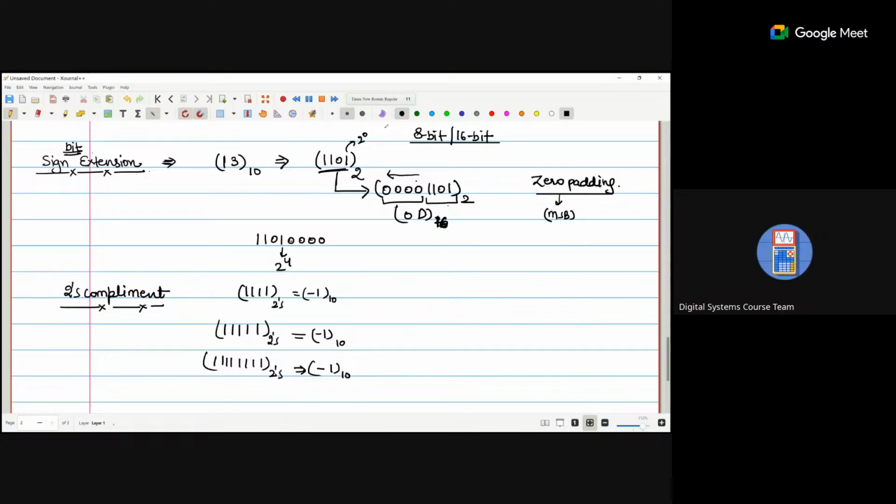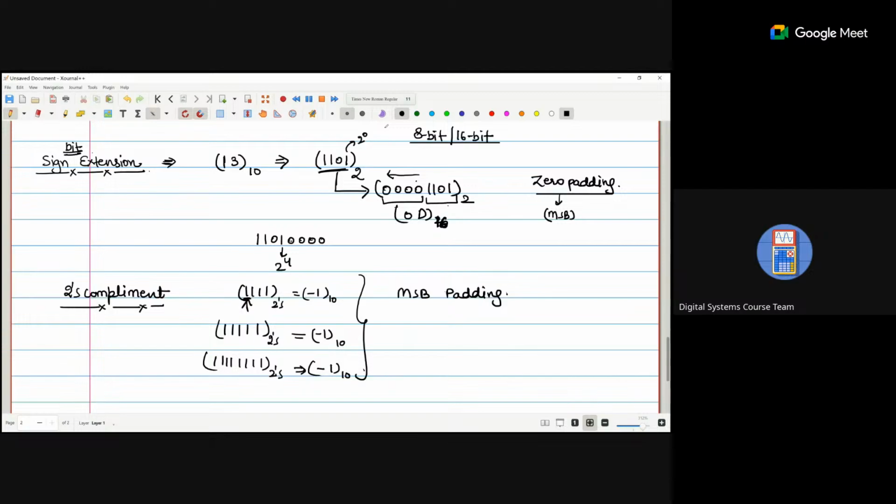So in 2's complement, what we are calling is MSB padding. What is the meaning of MSB padding? The bit that is available in the MSB, we use this bit to extend our bit size.